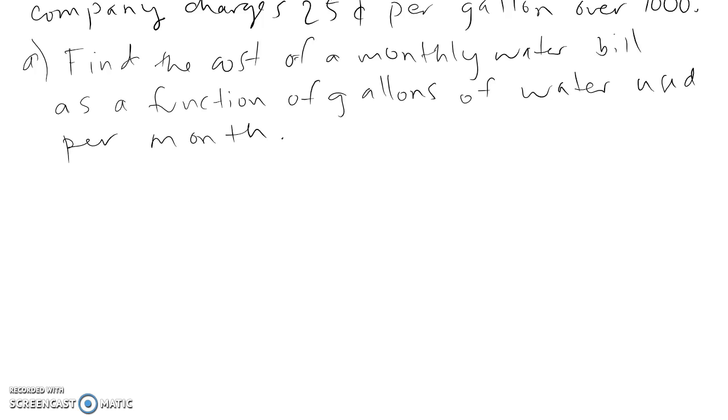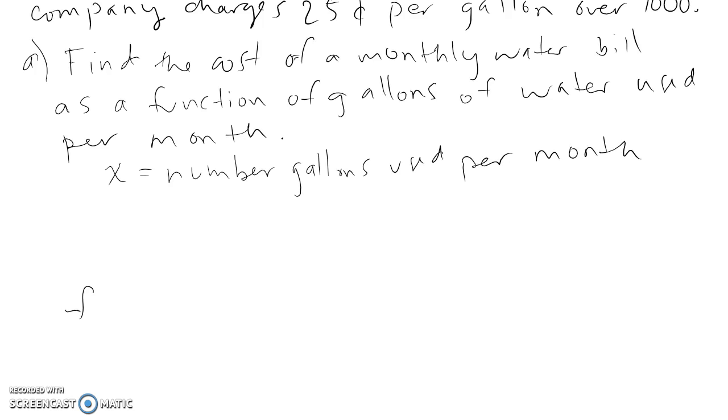Okay? Now, of course, we're going to be writing a function, and we need it to depend on something. So we'll call that independent variable the x, and it's going to stand for the number of gallons used per month. And our function, we're going to call f of x.